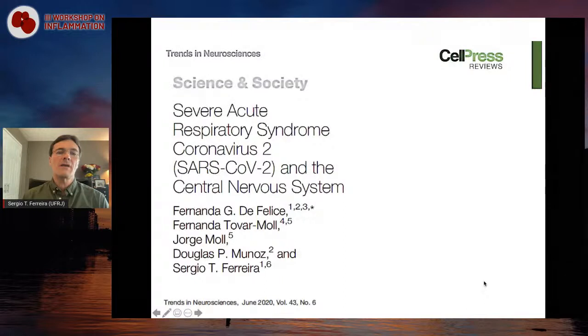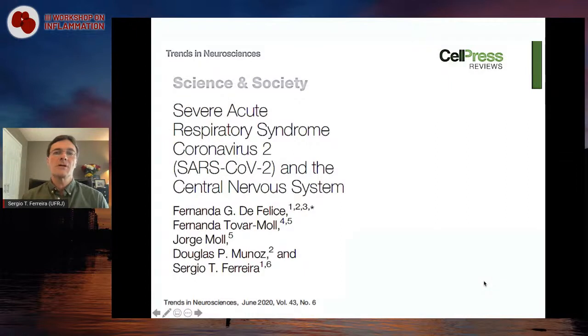And so I think that as probably most people in the world, we started considering what kind of impact the pandemic would have on our lives, our work, our health, of course. And it was kind of inevitable to begin thinking about how the pandemic might also affect our subject of research, the central nervous system, CNS.